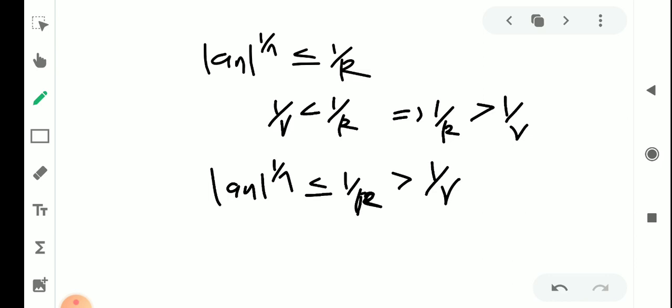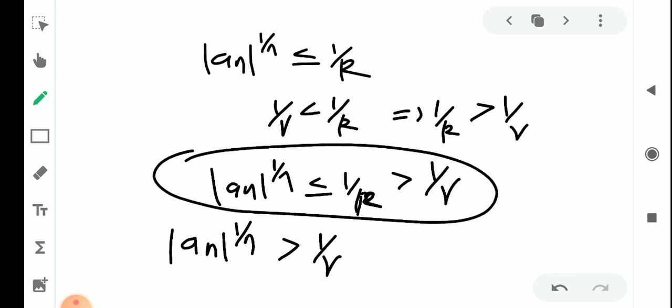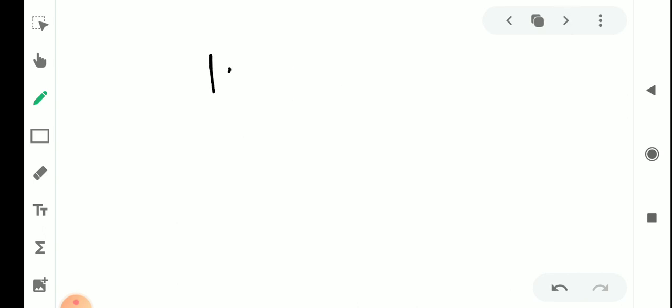So we can say that there exist an infinite number of terms mod a n raised to 1 by n such that mod a n raised to 1 by n is greater than 1 by small r. To satisfy this condition, there exist infinite number of terms mod a n raised to 1 by n which are greater than 1 by r. Then we take the nth power, that is, mod a n is greater than 1 by r raised to n.